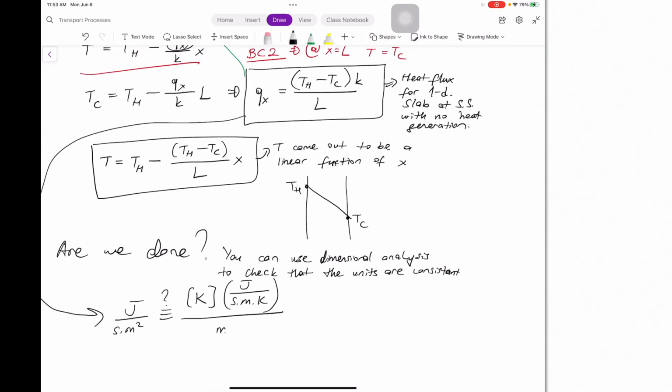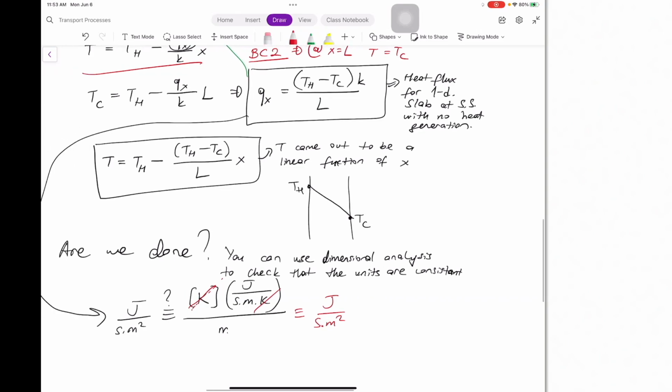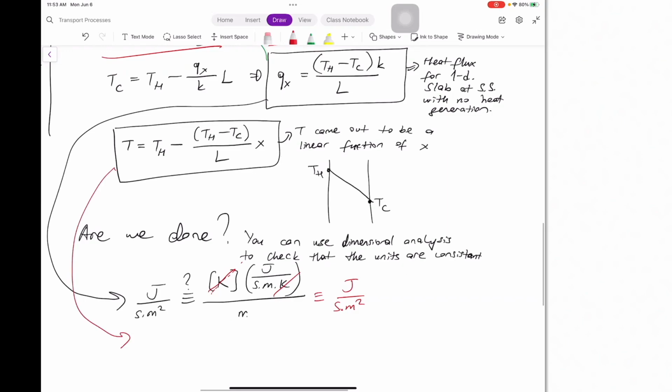And if you see, Kelvins cancel, and you get the same units, joules per second meter squared. You have the same units on both sides, so that makes sense. So it's always a good idea to check the units. Let's check the units for this one as well.